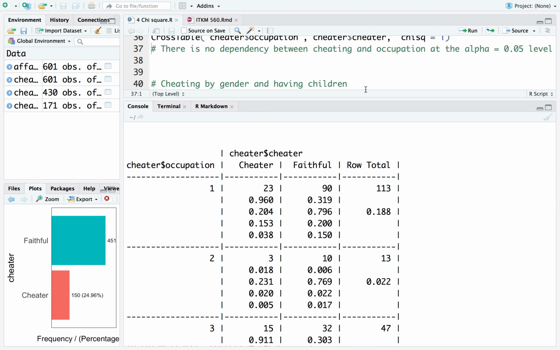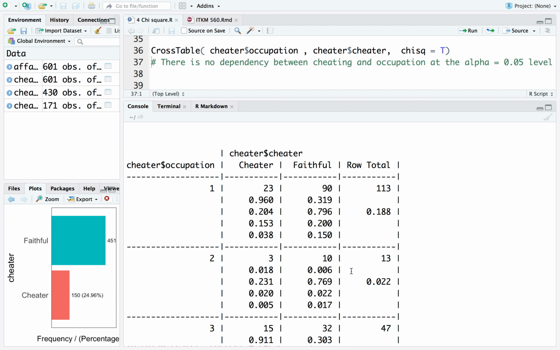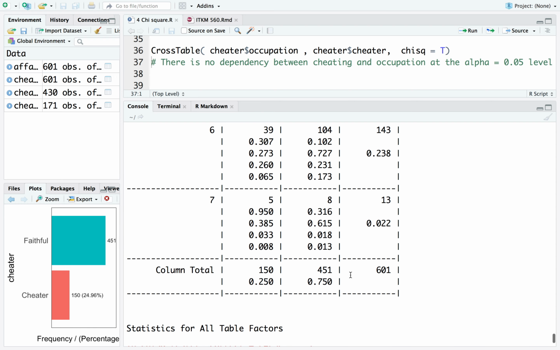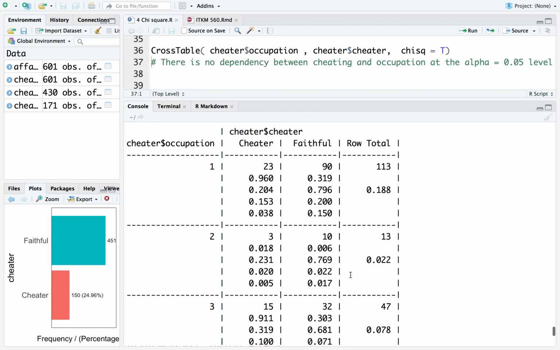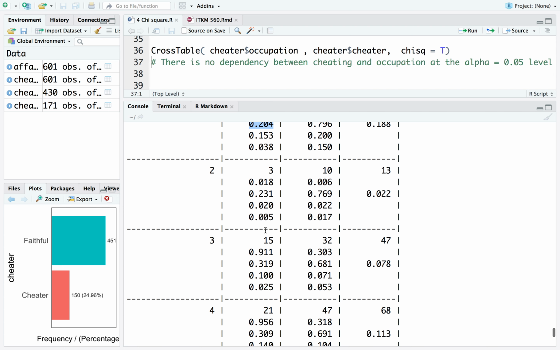Please note that if this were significant, we would not be able to truly understand which ones exactly are the ones that you'd be more likely to cheat. In this case, because the way this is set up, I want to see the row statistics, and I can see 0.231, 0.204. Remember, this 0.231 is not too credible. I only have 13 observations.